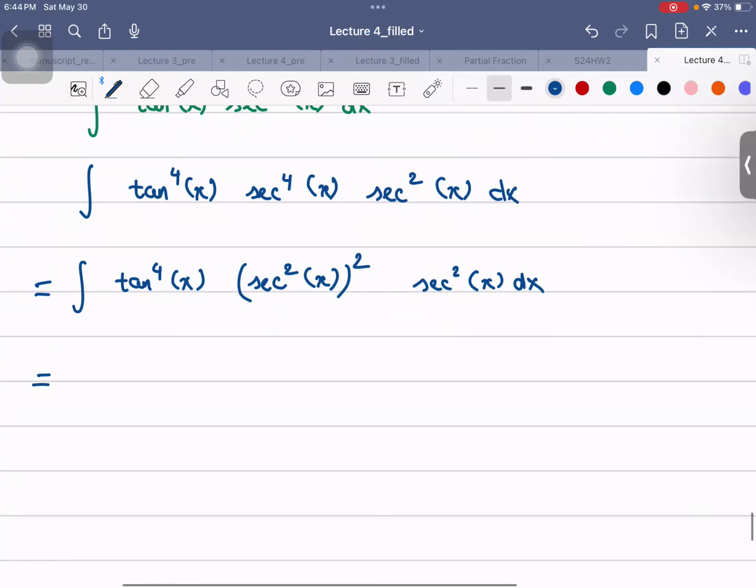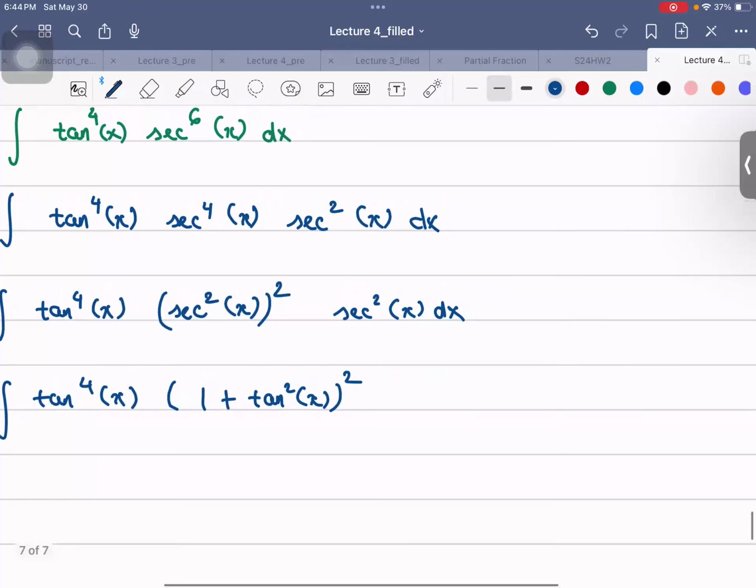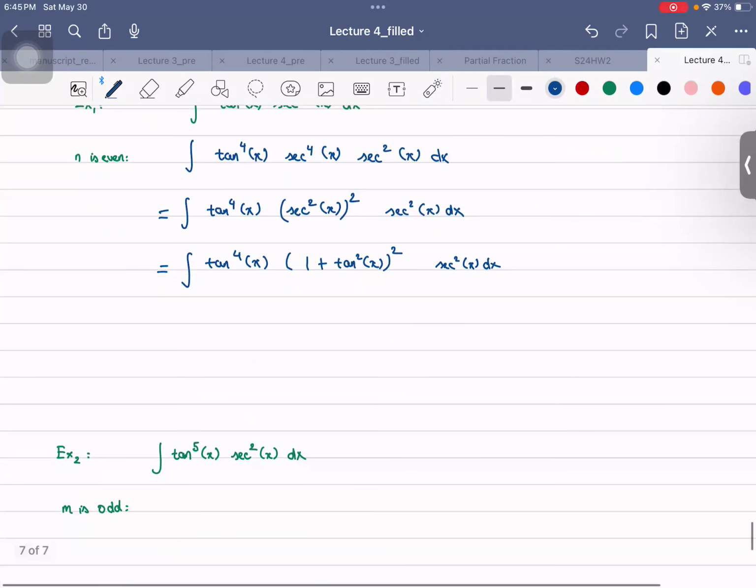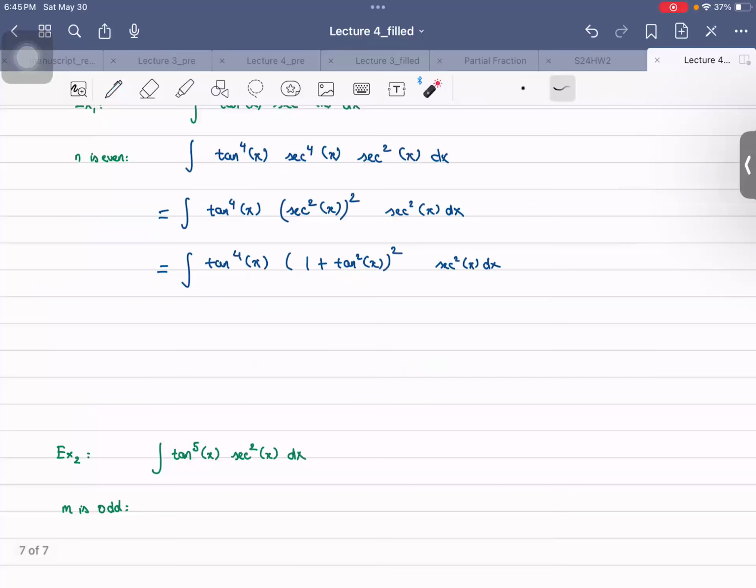Up here, you can rewrite secant square as tangent square plus one, and I still have the square outside, so remember to rewrite the x again. Now this is a function in terms of tangent.